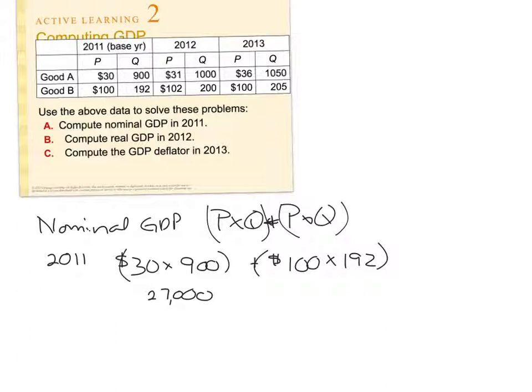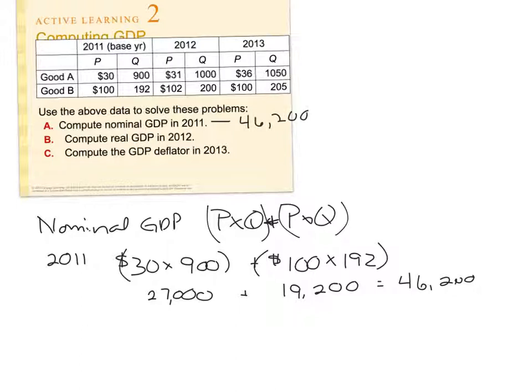100 times 192 gives me 19,200. And if I add those two together, then I get the nominal GDP of 46,200. So our answer to compute nominal GDP in 2011 is 46,200.